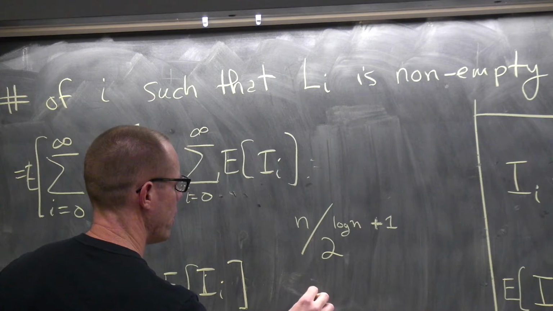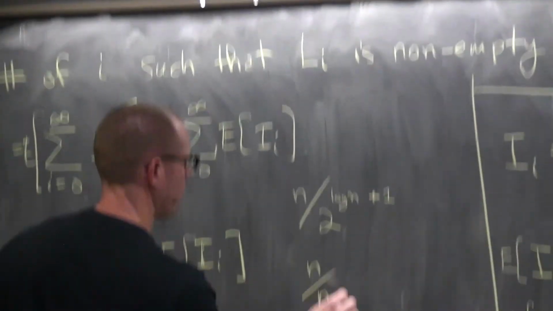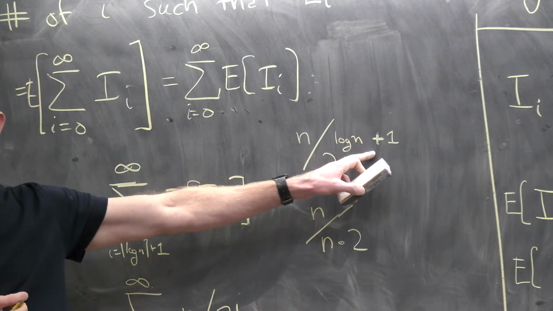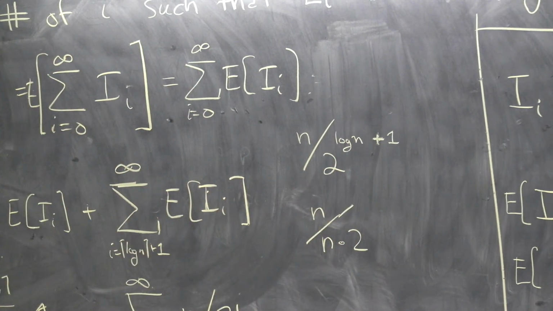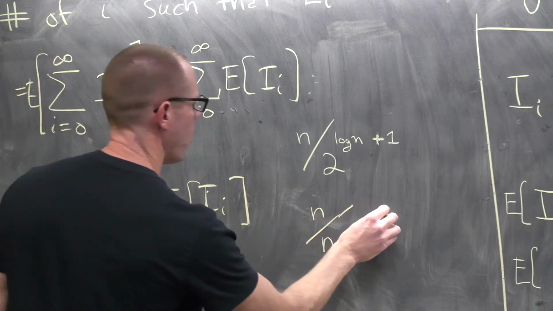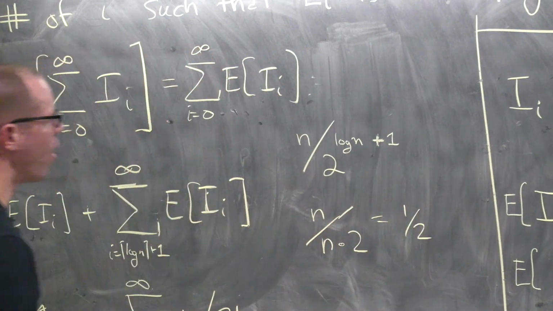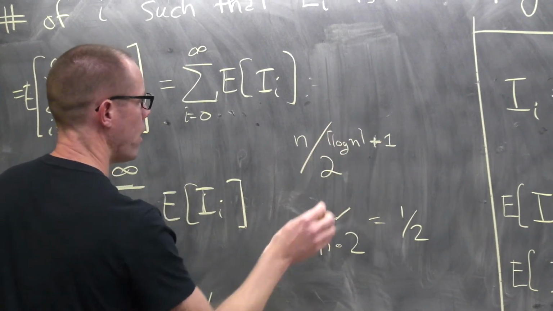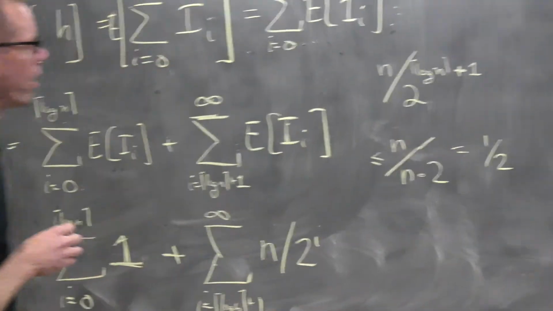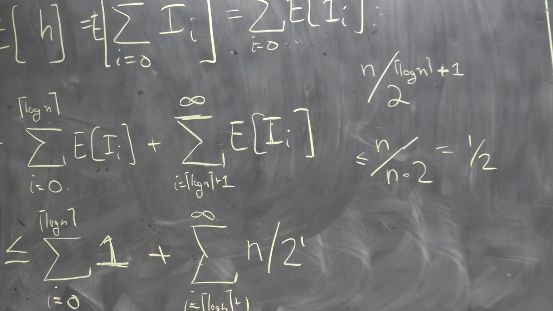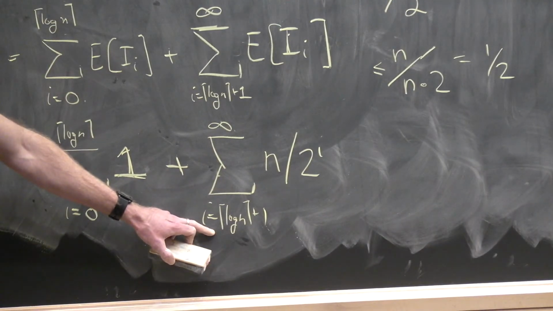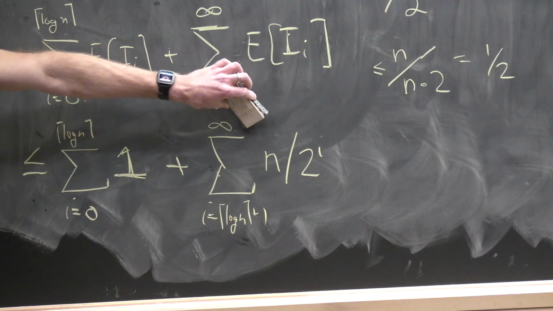So this is n over n times 2. That's what you leave the plus 1 behind here. So this is n over 2n. So this sum starts at a half. In fact, when you take the ceiling of the log n, which is what we have here, then all that means is you get an inequality here. Okay. So the first term here, when we take i as log n plus 1, the first term here is a half.